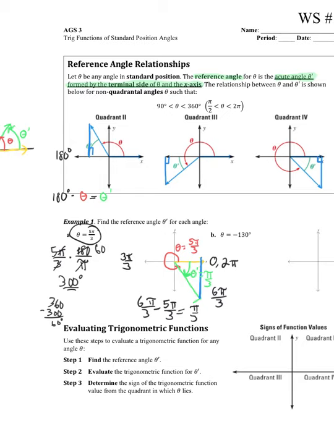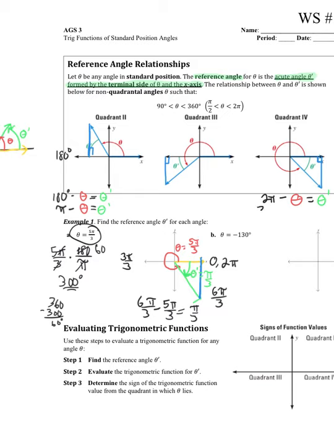Or it could be pi radians minus angle theta, and that would get me to theta prime. Okay, so 180 minus theta in quadrant 2 would get me to that. We just did an example that was in quadrant 4, and in quadrant 4 what I did was I did 2 pi minus theta, and that's what got me my theta prime.